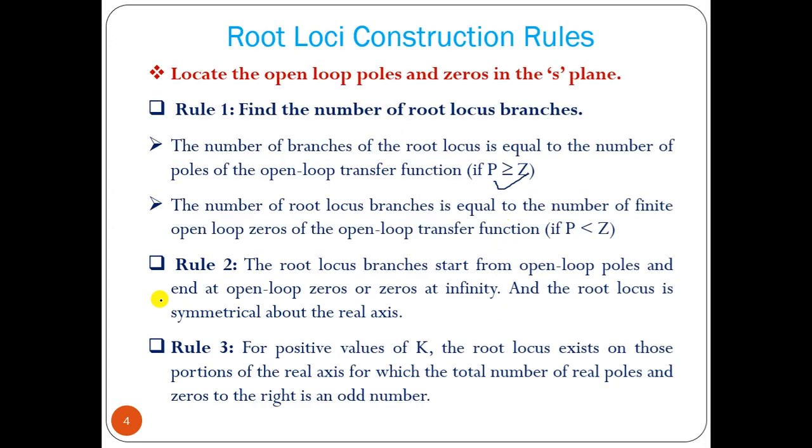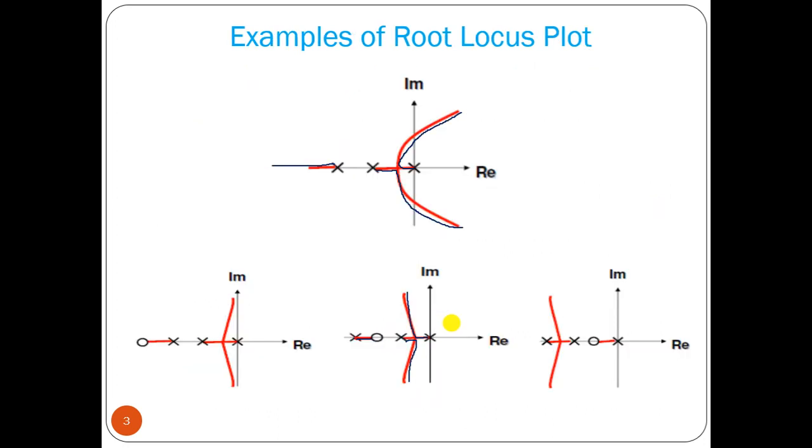Okay. So now rule number two, that is root locus branches always start from open loop poles and end at open loop zeros or zeros at infinity. And the root locus is symmetrical about the real axis. For example, here we don't have any finite zero. So this pole should come here, break away, and go up to the infinity zero.